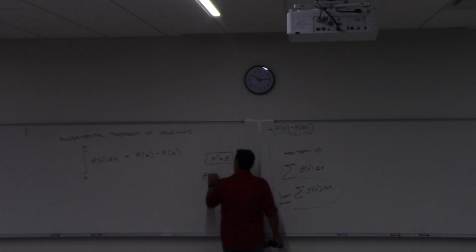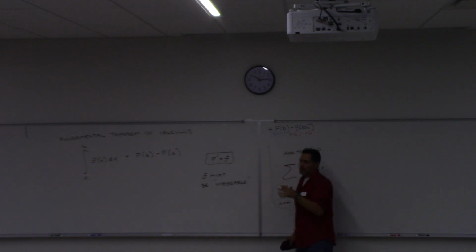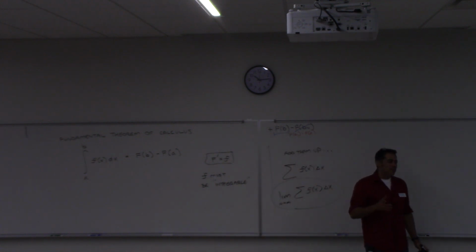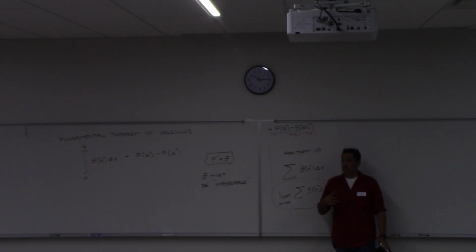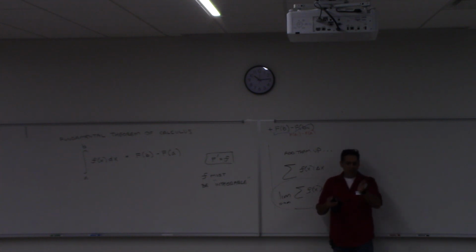f must be what we call integrable. I don't think we've used that word in this class. Integrable. Now, think about it in Cal 1. In Cal 1, weren't there certain functions that were not differentiable? If it had a sharp corner or a cusp, it would fail to be differentiable.